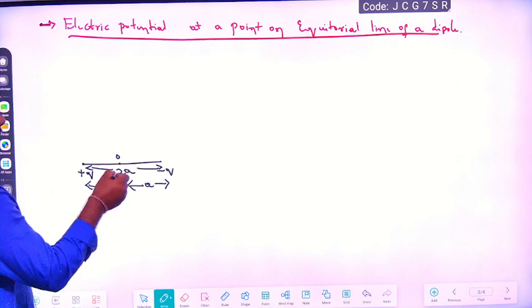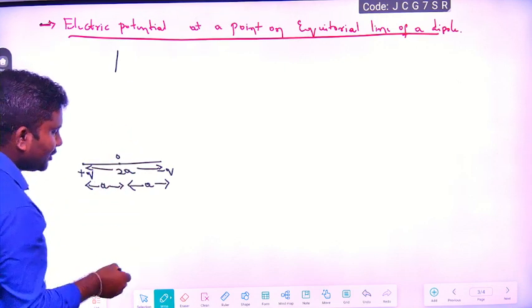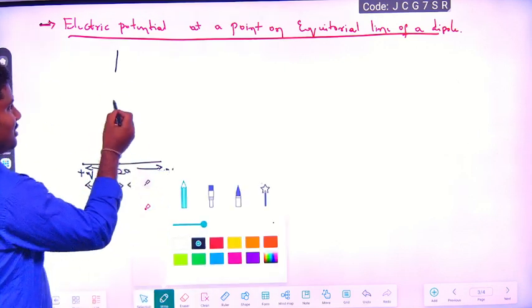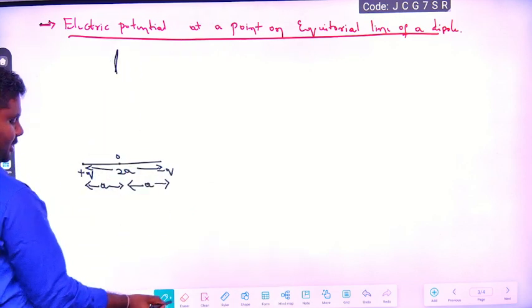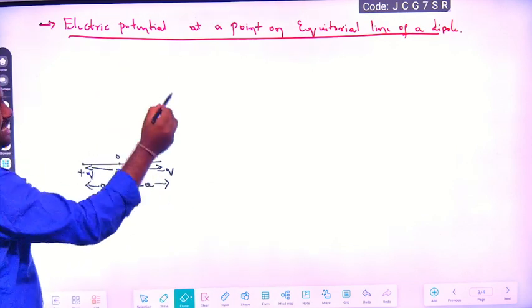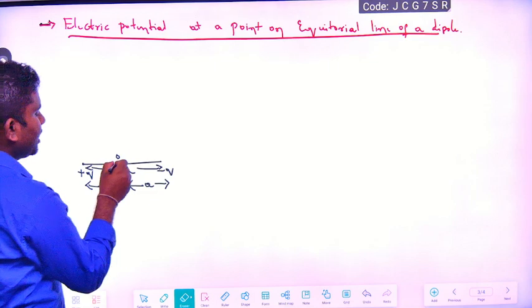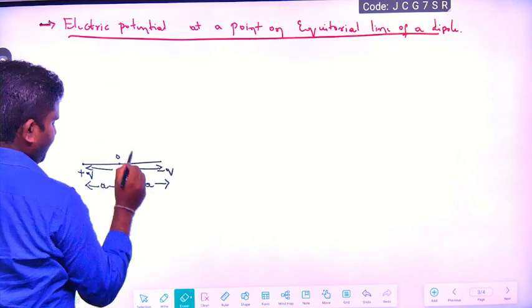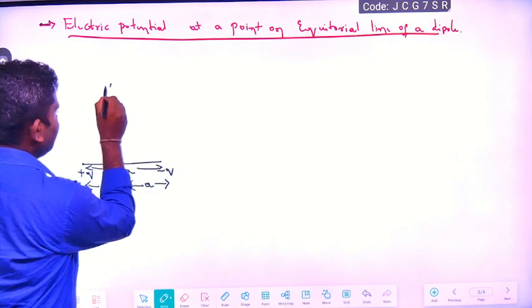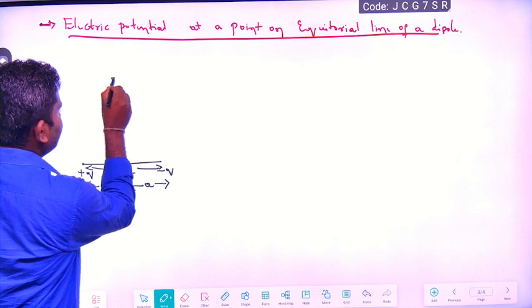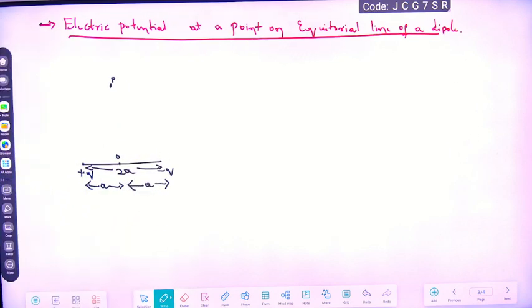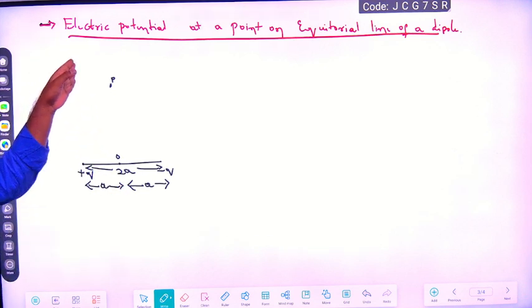Now, I will take the equatorial line. Equatorial line means what? It always passes through the center of the dipole. Now, take one point P. What is the electric potential at that point P due to the dipole? The point is on the equatorial line.